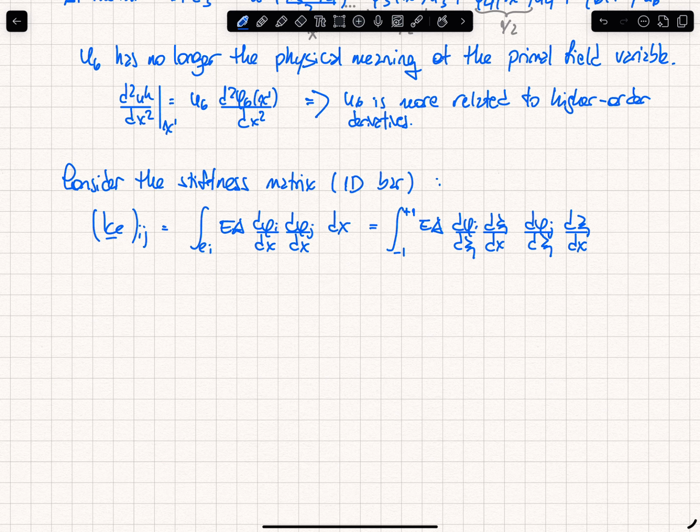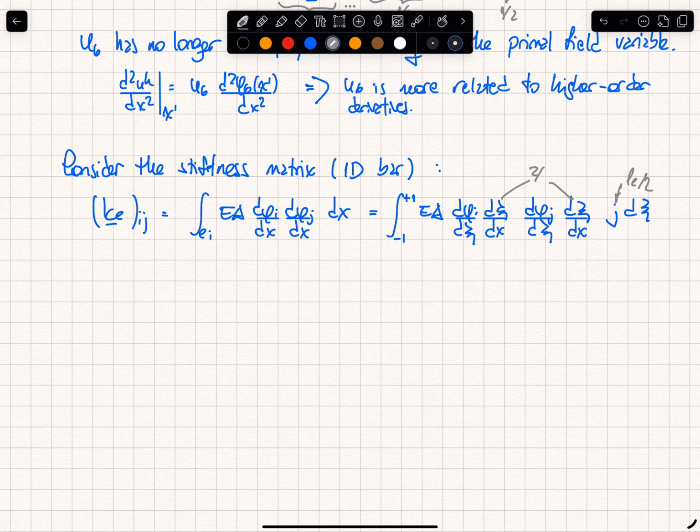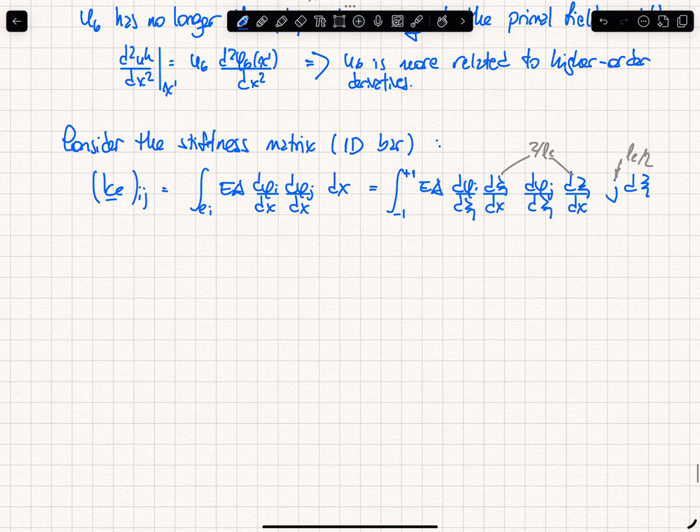And notice that, of course, the Jacobian of the interpolation shows up because I changed the domain of integration, which is L2 divided by 2. And these two terms are basically 1 over the Jacobian, which is 2 divided by LE. And so this whole integral is going to be 2 divided by LE, which is the length of the element.